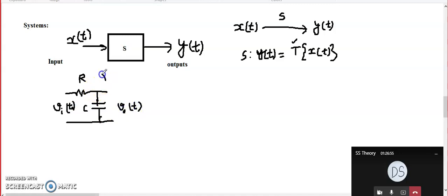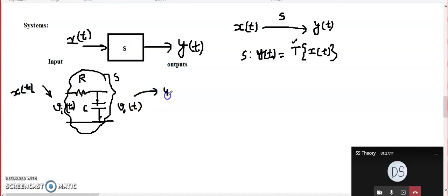So this thing which converts input to output is called a system. This thing which is applied here is called the input signal, and this thing which you measure from the system is called the output signal. So a system is a connection of components which operates on the input and gives you the output signal. Okay.